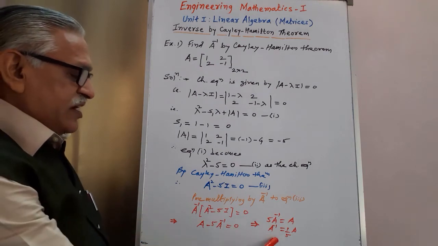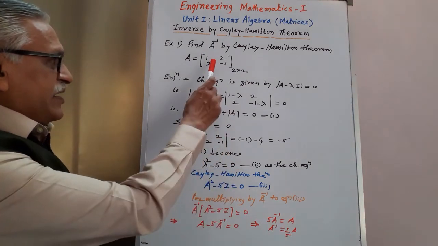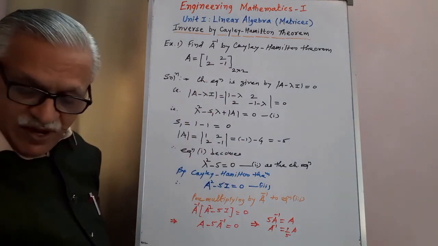This is the A inverse, and that value we obtain by multiplying the matrix A by 1 by 5.